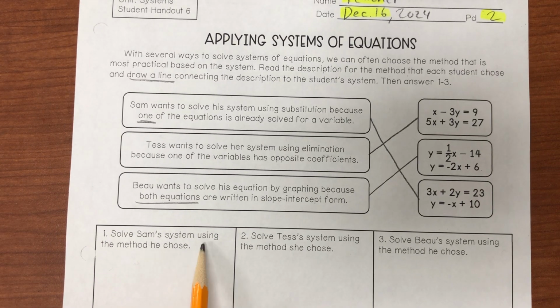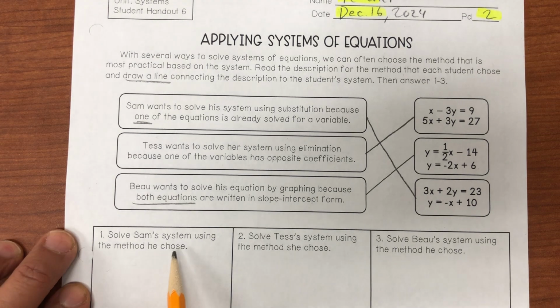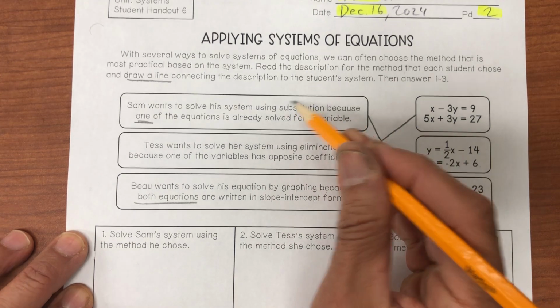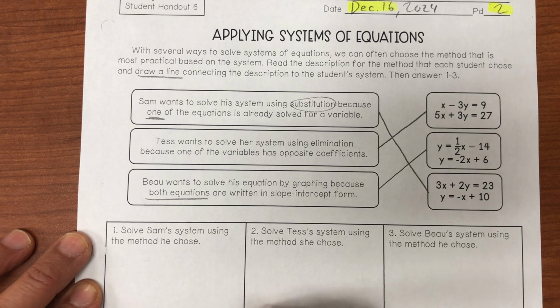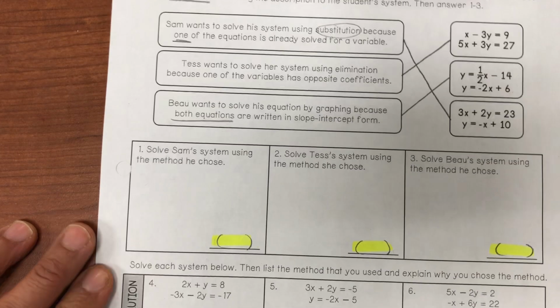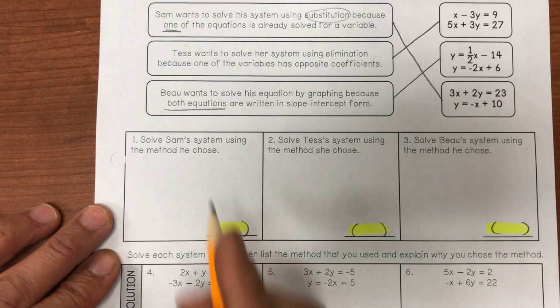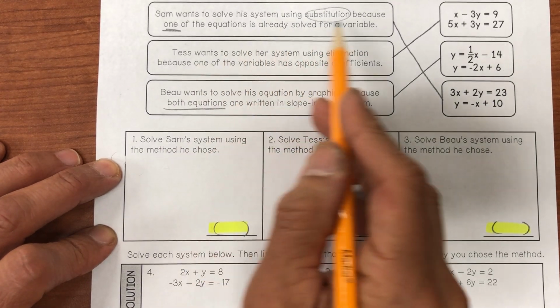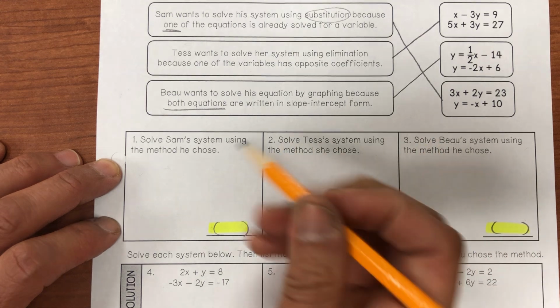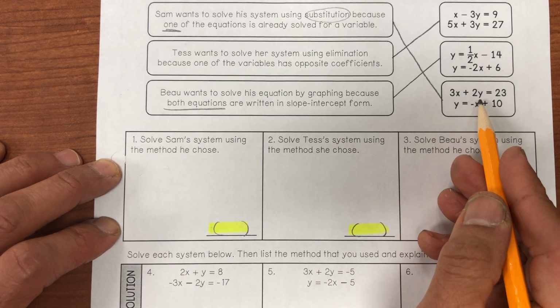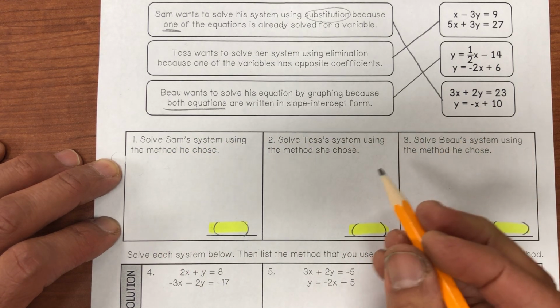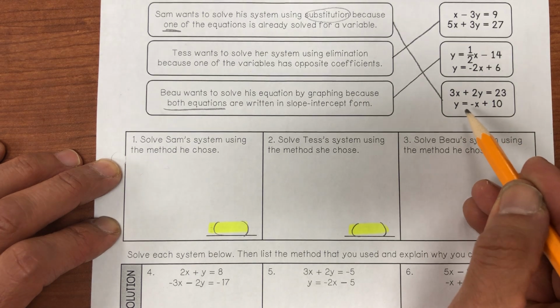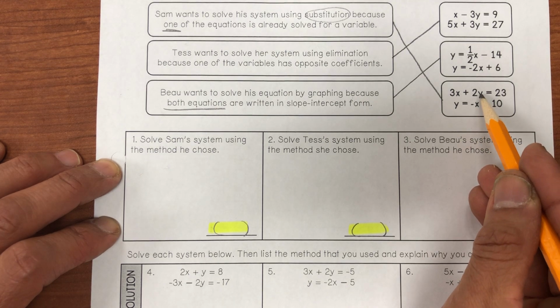Number one, solve Sam's system using the method he chose. So Sam chose substitution. And we're just going to work until we get an ordered pair here. So Sam wanted to solve this one with substitution. We're going to have 3x plus 2y equals 23. Okay, we're going to plug this y value into this equation on top.